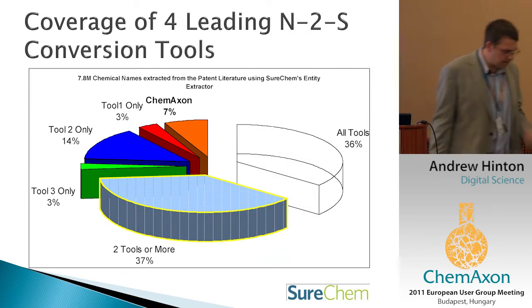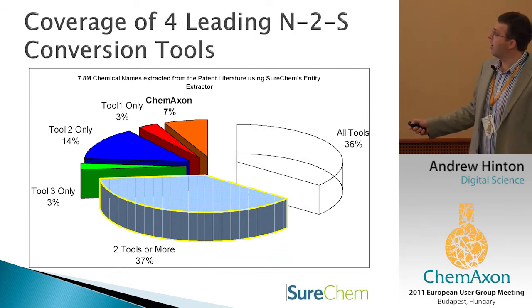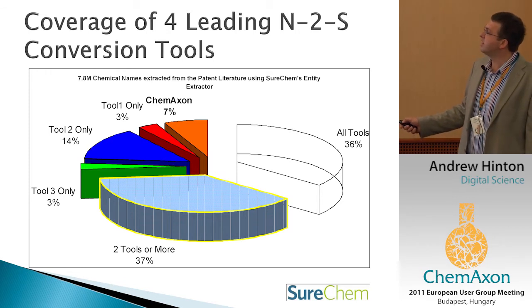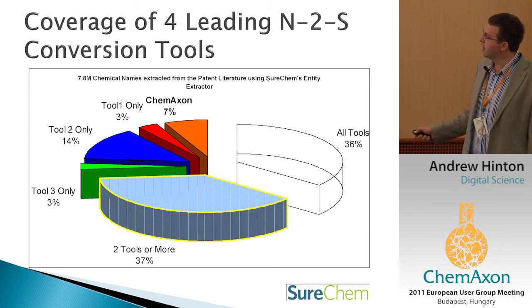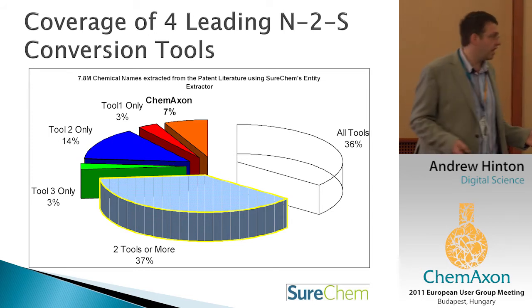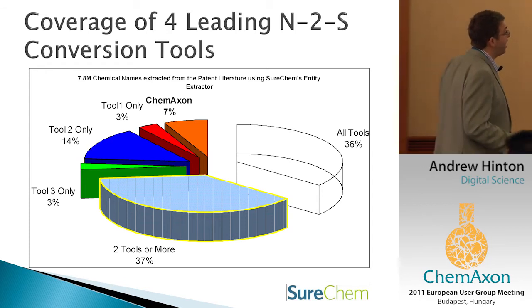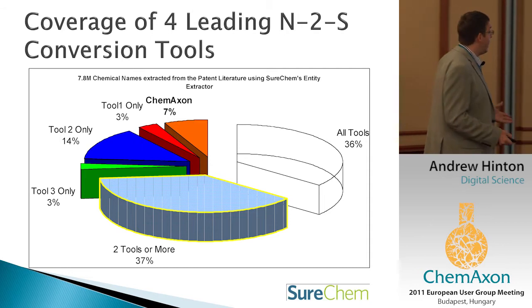So this is quite a nice graph, I think. Of the close to 8 million structure names, this is focusing on coverage. If you look at it broadly, about a third of those names are able to be converted by all 4 tools, regardless of what they are.